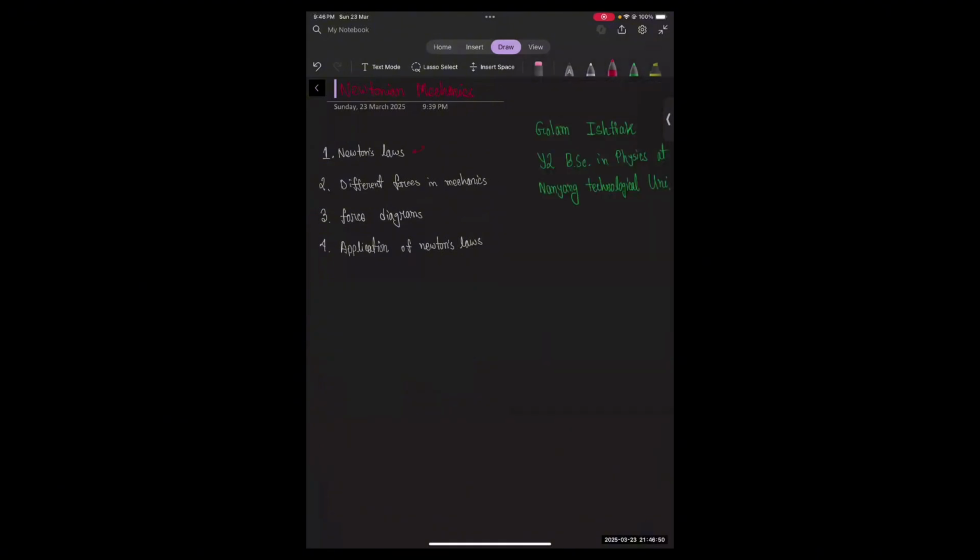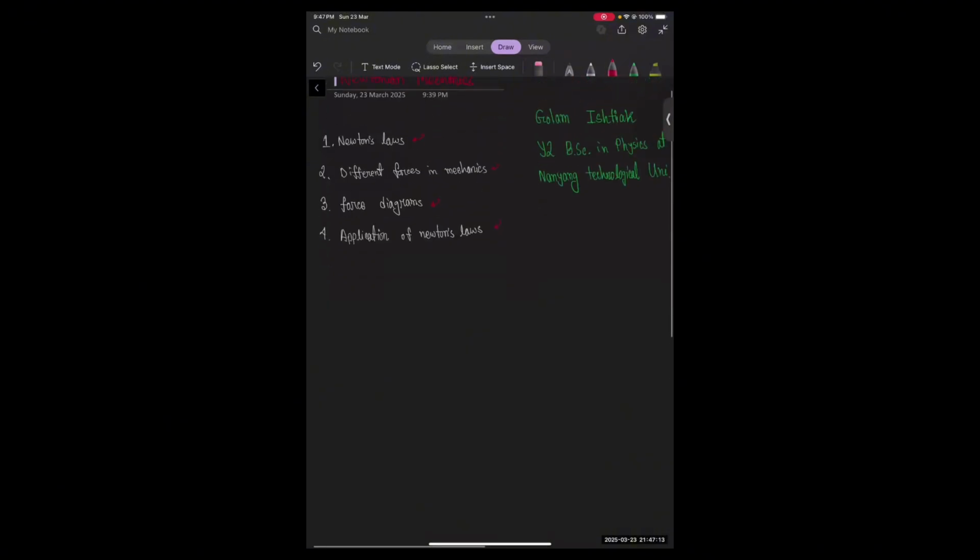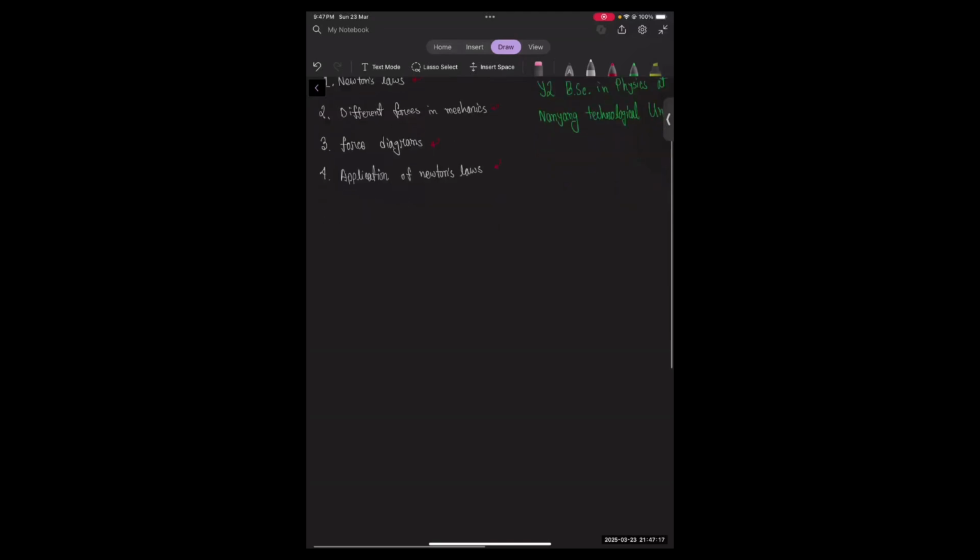First will be Newton's laws, then we'll discuss different forces. There are many types of forces, but we will mostly restrict ourselves to the forces we generally see in mechanics problems. Then we will discuss force diagrams, and finally how to apply Newton's laws to mechanics problems. The topics seem very simple. So we start with Newton's laws.